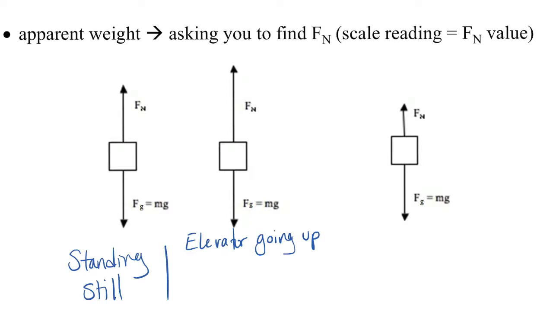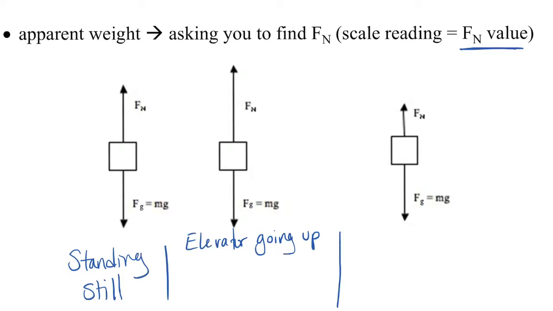Remember, try to feel that feeling when you're going up in an elevator. What does it feel like? It feels like you're being pushed down. The reason is because the normal force has to work harder to keep you upright, okay? So this is actually where the scale will read something larger. So your apparent weight is always the Fn value.